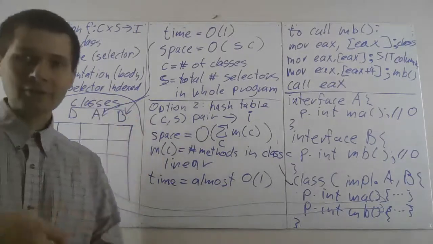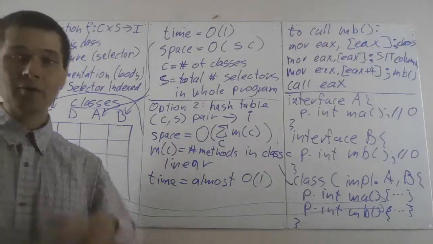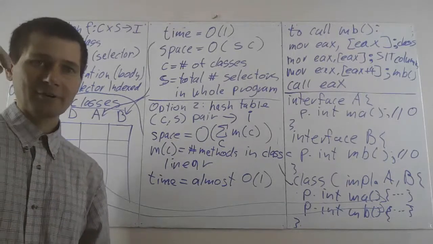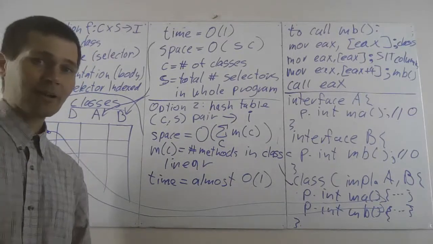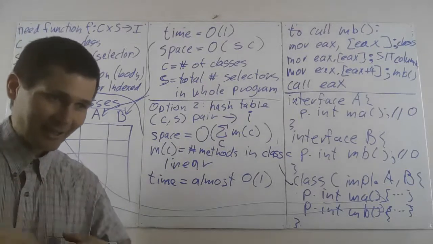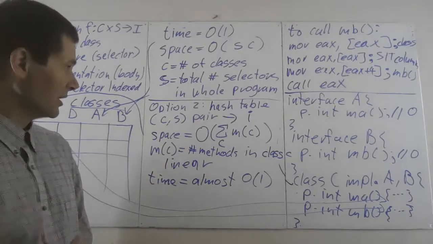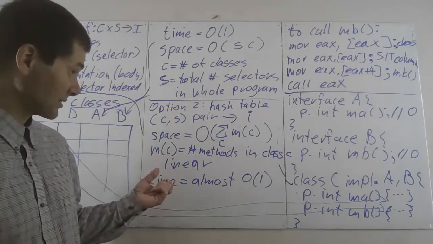Lots of people did a lot of research on ways to speed these things up with all sorts of caching. Typically, if you have a specific method call in a program, most of the time it's going to be called on objects of the same type.